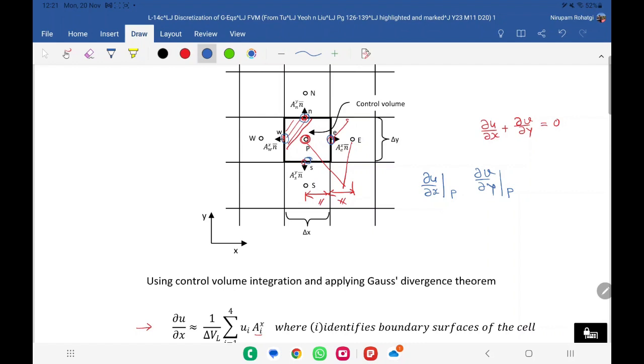And then they are actually valued in terms of n, e, s, w, and this point. So this is how it goes.